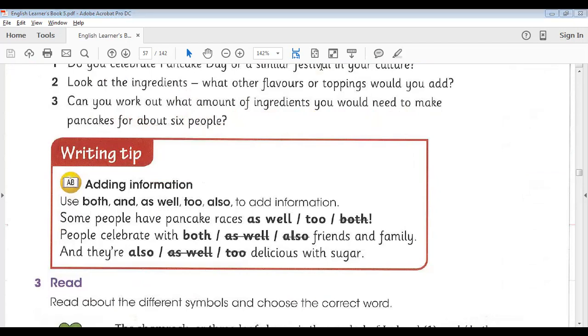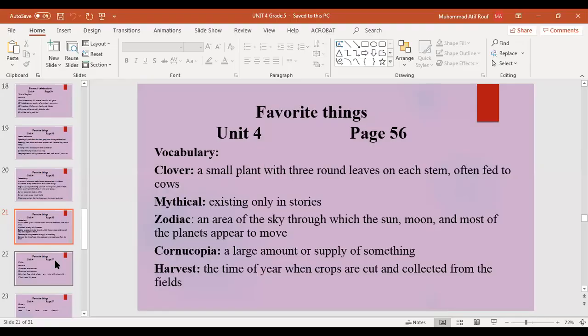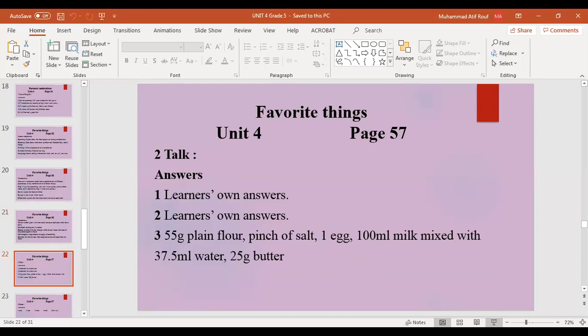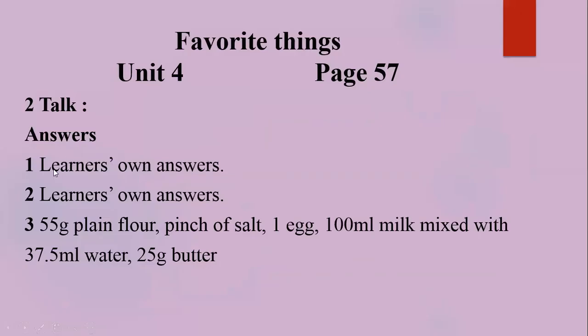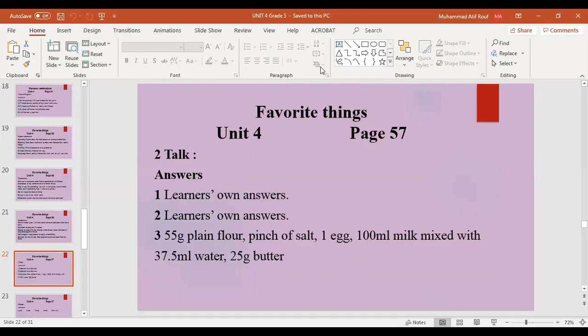So then I shared the answer for this question as well. So you can see right now on your screen. So exercise 2, question 1 and 2 require your own answer. In question 3, 55 gram plain flour, pinch of salt, 1 egg, 100 ml milk mixed with 37.5 ml water, 25 gram butter.